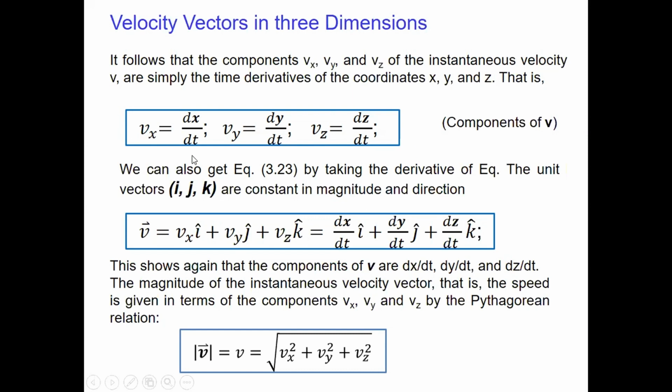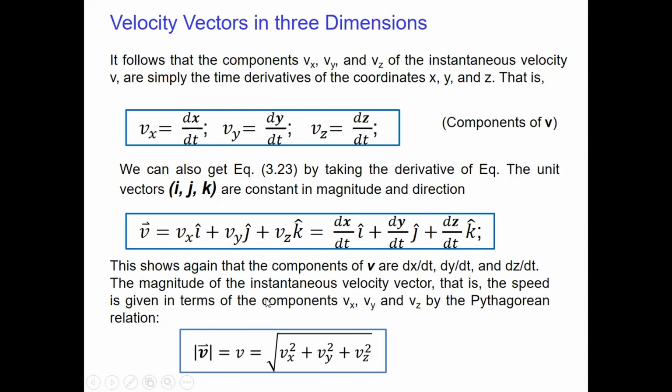These components are multiplied with the unit vectors respectively, and then we get the total vector. Total vector v is vx times i unit vector plus vy times j unit vector plus vz times k unit vector, and each individual is dx over dt times i unit vector, dy over dt times j unit vector, and dz over dt times k unit vector.